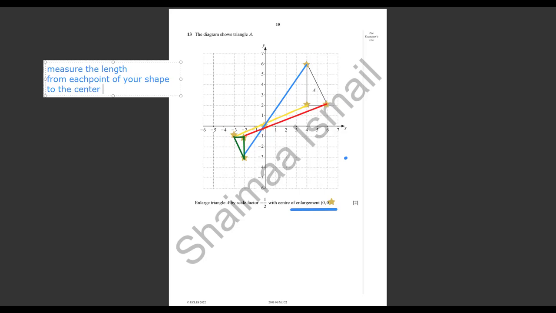To the center, the center of enlargement.